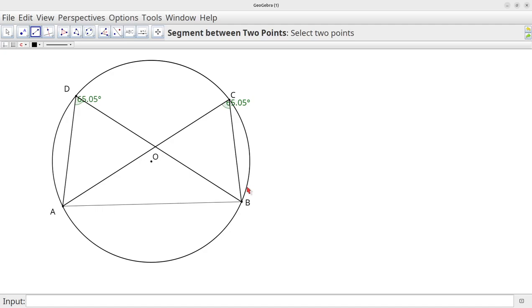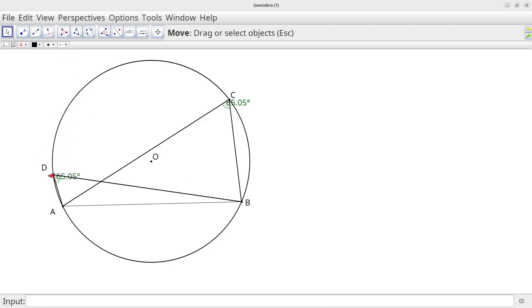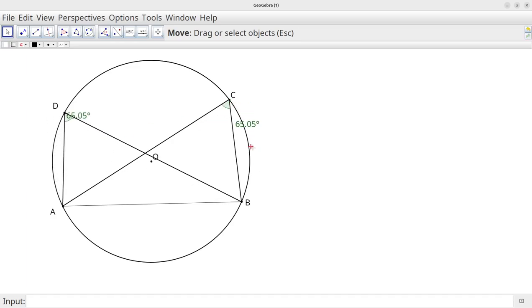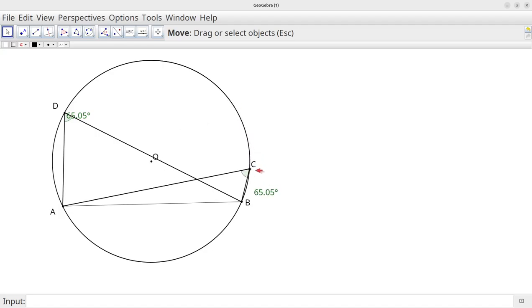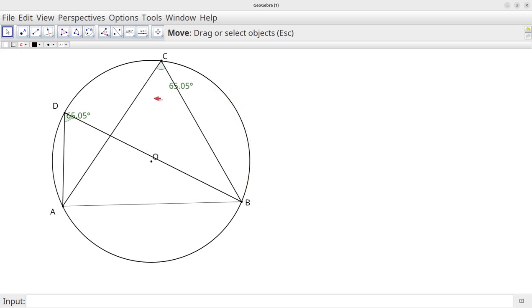So the angles subtended by the same chord on the circumference are equal, for as long as these angles are on the same segment. I hope you can see. For as long as the angles are on the same segment, they are just equal.